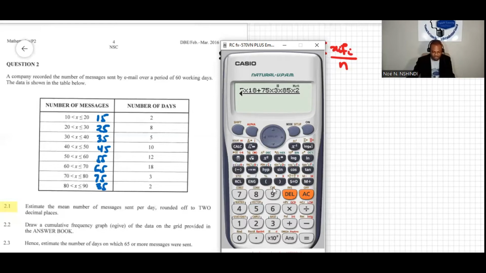Oops, I think I put times there. I'm supposed to put plus over here, okay. So now all over 60, because there are 60 working days, as you can see there. So now 60 is N, okay?